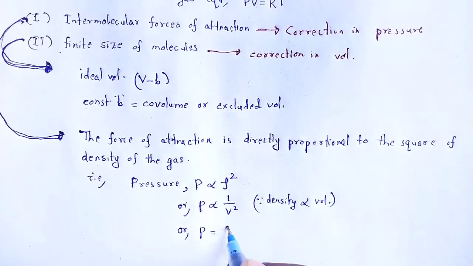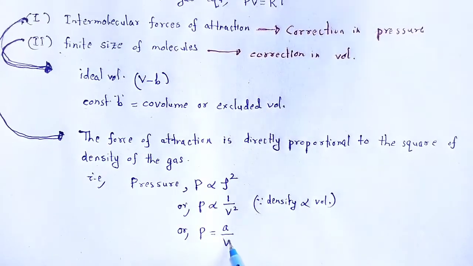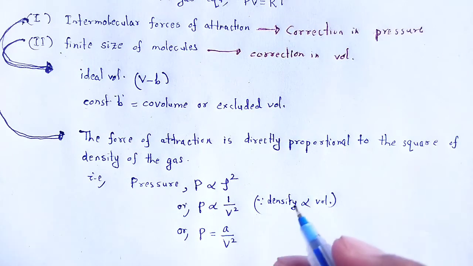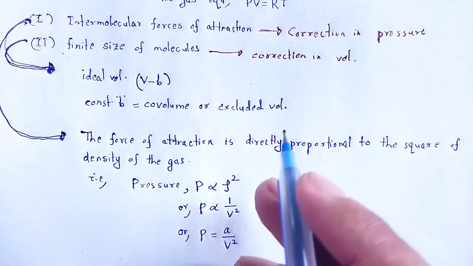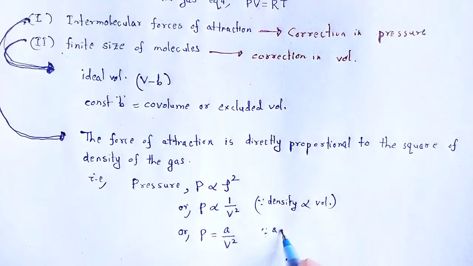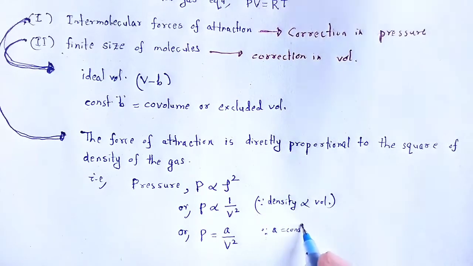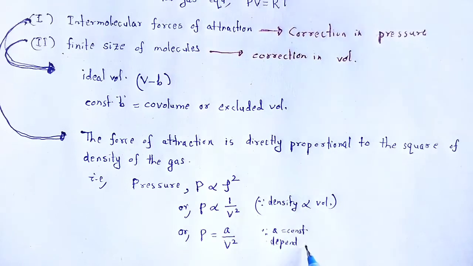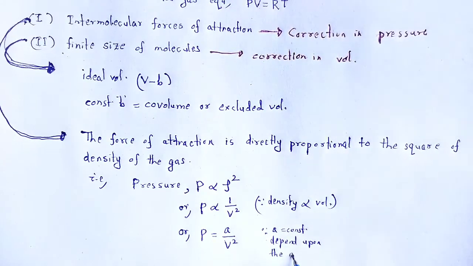P is equal to a by V square, where a is a constant that depends upon the nature of the gas.